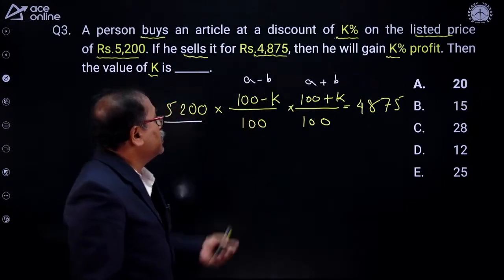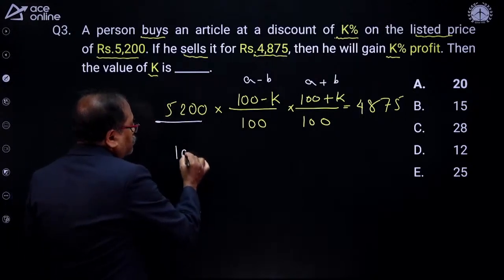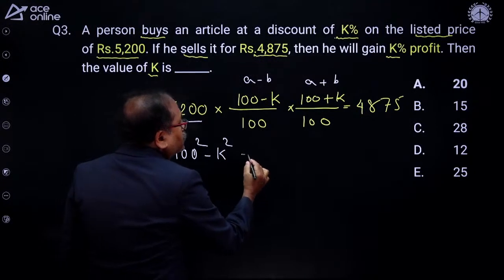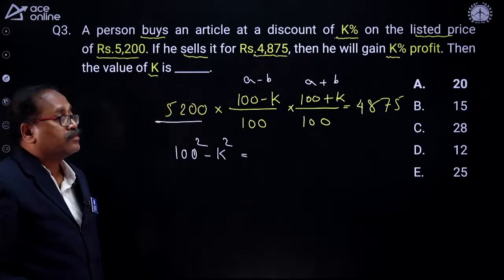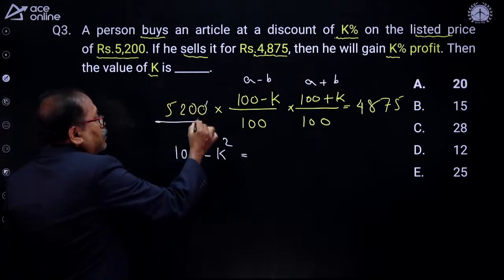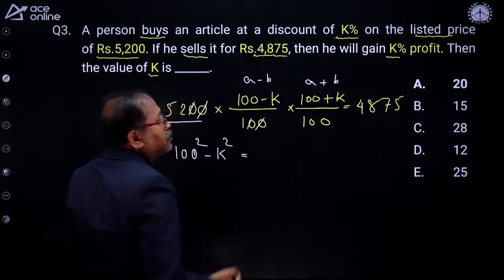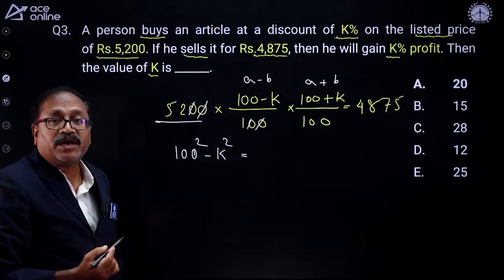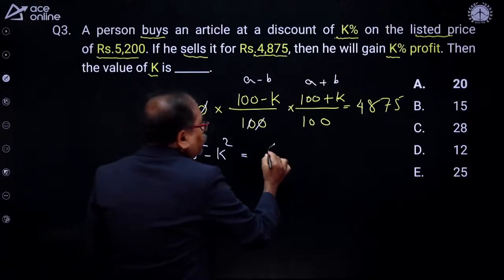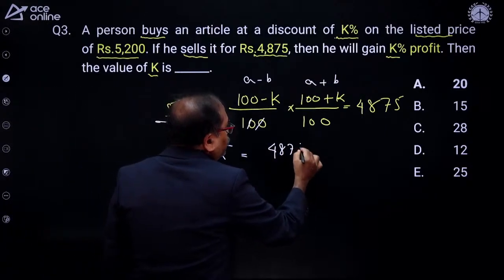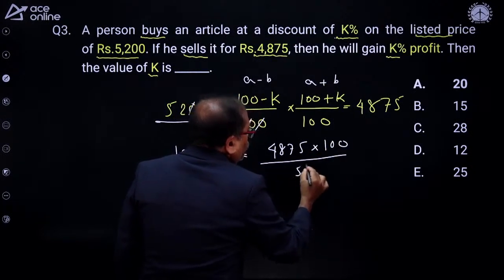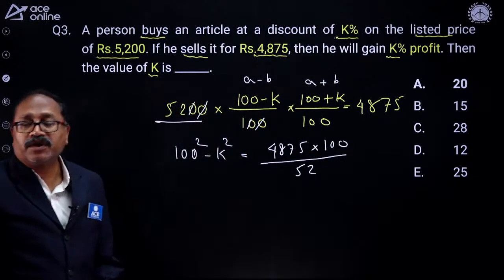So here I will take 100 square minus k square, which is equal to, what will happen here? Cancel this 0 over here. So this 100 will go there and will be divided by 52. So that means 4875 into 100 divided by 52. You get this part?